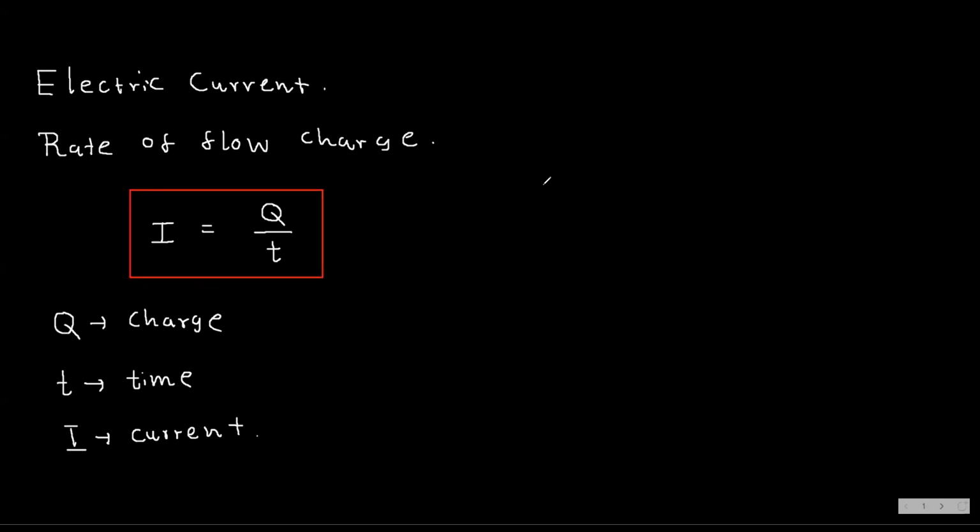I'm going to give an example. Today I'm talking about the current electricity lesson. This equation is needed for the level 4 electronics course. This equation and this current electricity part are important for your level 4 electronics lesson also.